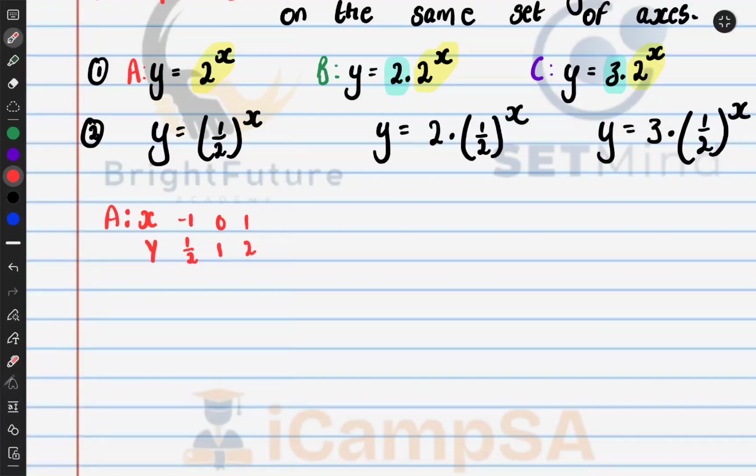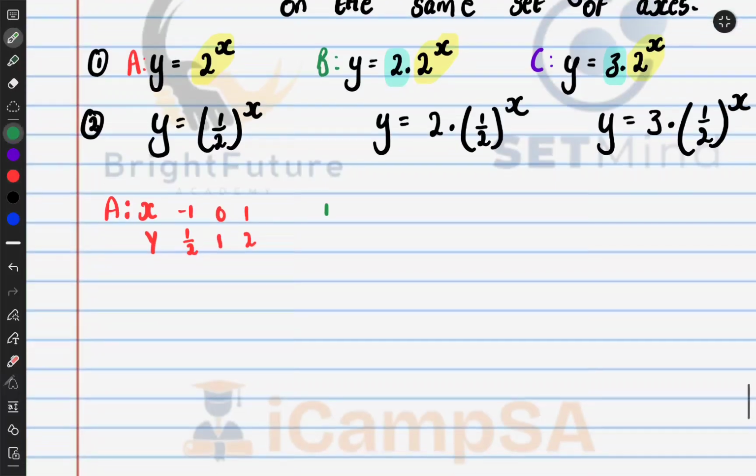And then for function b, x values -1, 0 and 1. Corresponding y values are 1, 2 and 4.